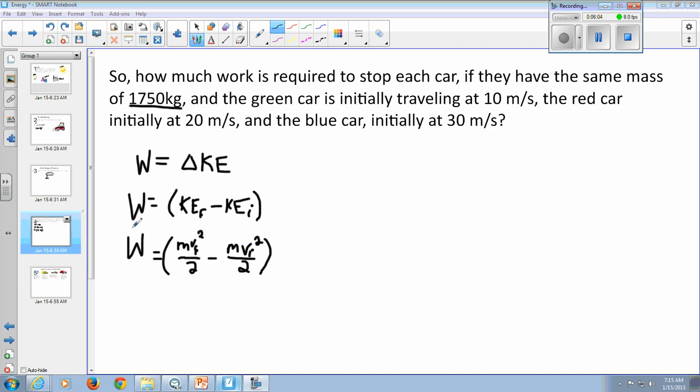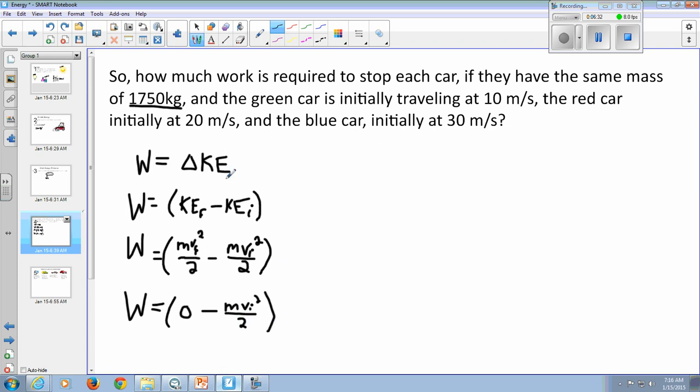And we can figure out how much work is required to stop the car. Now it's just a matter of plugging in numbers. The nice part about all of these objects is they're all going to stop. So the final velocity is all going to be 0. So this term's going to drop out and be 0. Minus m v initial squared over 2.